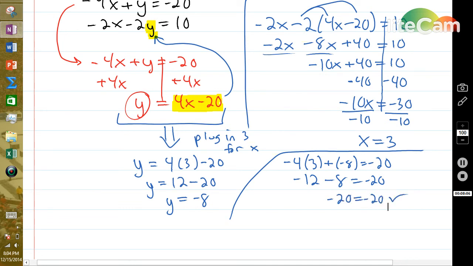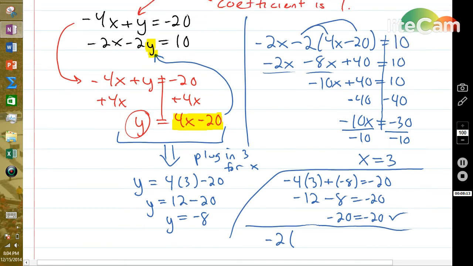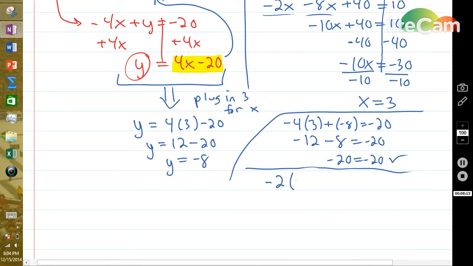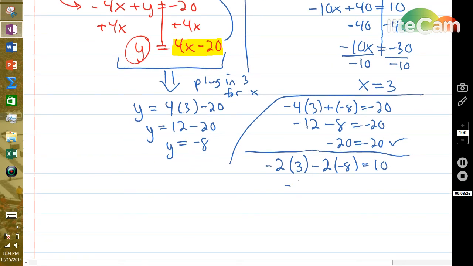The second equation, negative 2x minus 2y equals 10. So negative 2 times 3 minus 2 times y, which is negative 8, equals 10. So you're going to have negative 6 when you multiply negative 2 times 3.